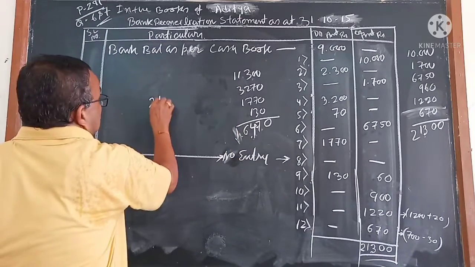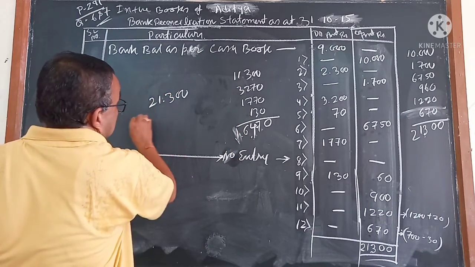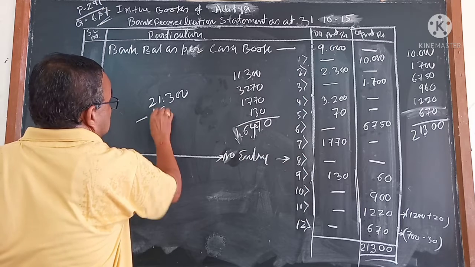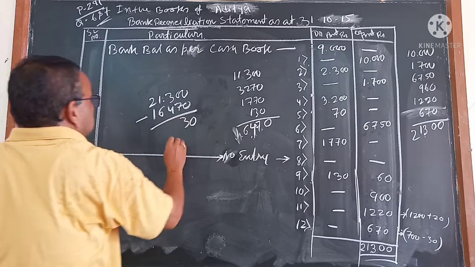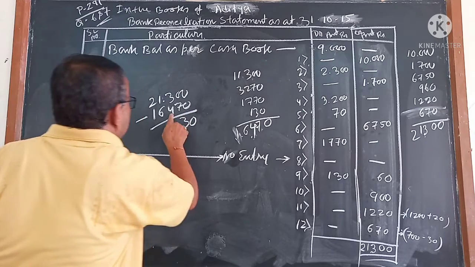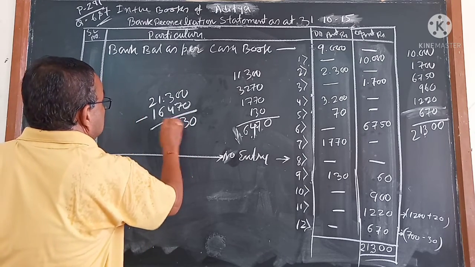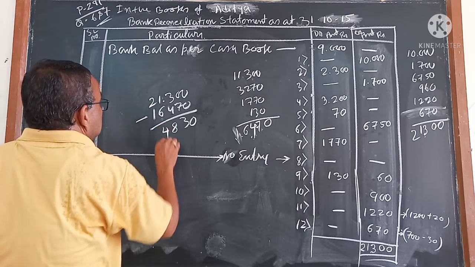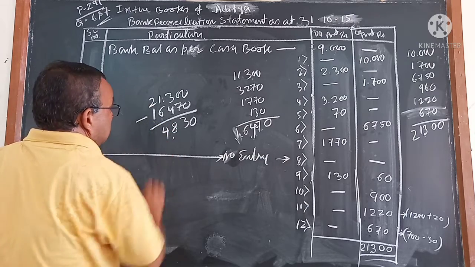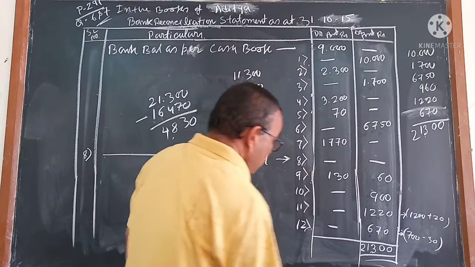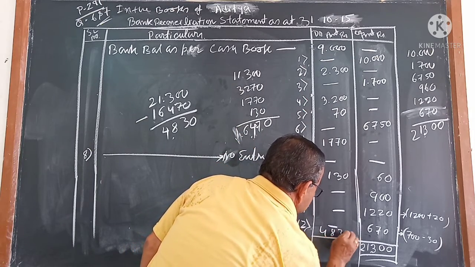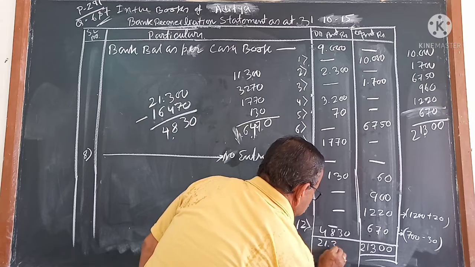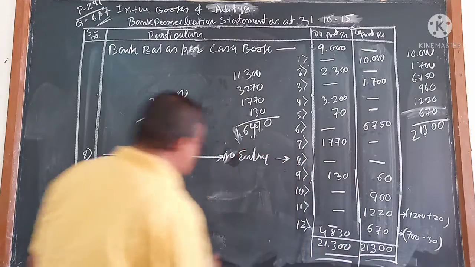It comes 21,300 minus 16,470, that is 4830. 4830 will come in here. 4830. This is 21,300. And you have to write it here.